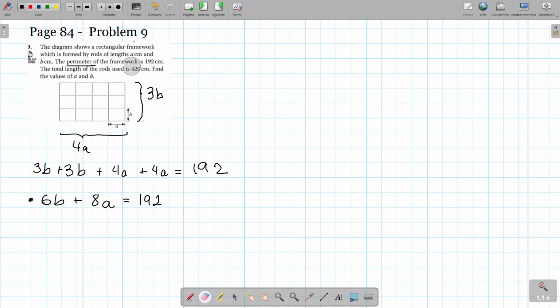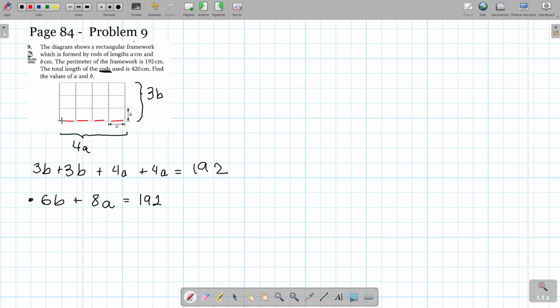Let's keep reading and let's try to find the other equation. It says the total length of the rods used is 420 centimeters. So the rods right here are talking about the small bars. It's like small sticks. So we have a stick here, a stick here, a stick here, a stick here.